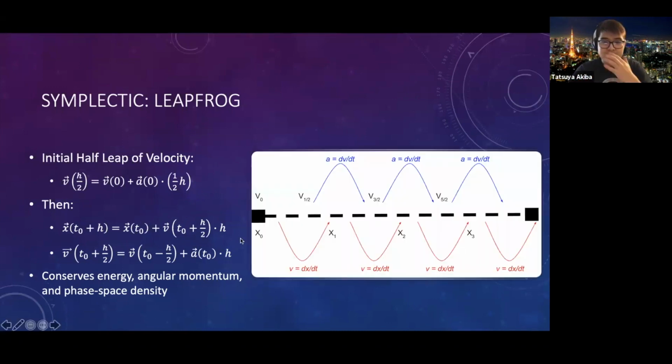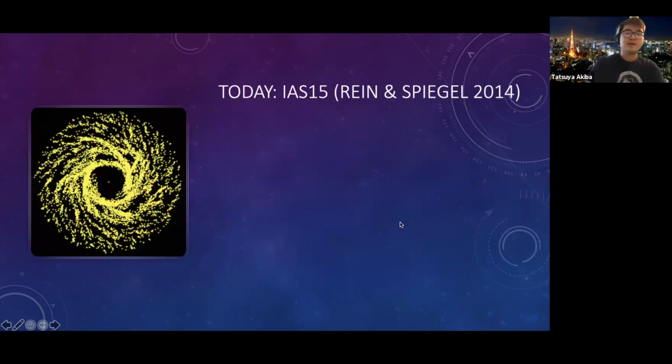But here's the schematic picture of the leapfrog integrator, and you can probably see why this is called the leapfrog integrator. From initial conditions, we calculate the velocity at the next half time step, and then from there, the positions are going to be at the whole time steps, and the velocities are going to be computed at the half time steps, as shown. Okay, great.